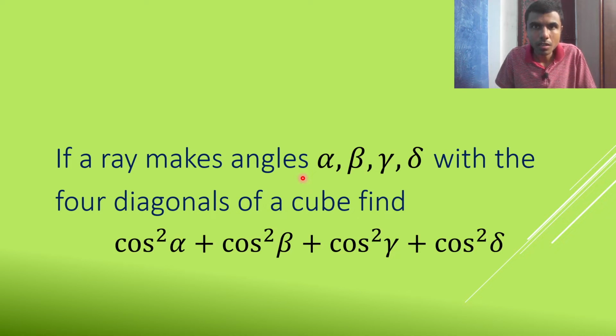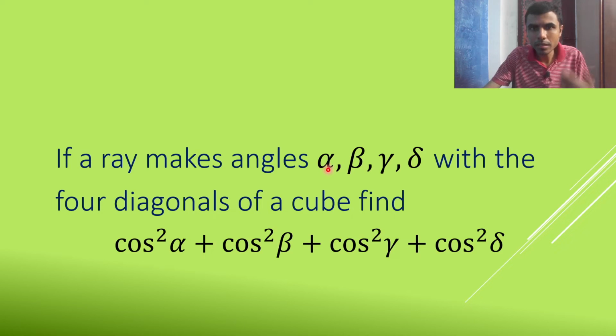Now in DCs and DRs topic, we need some information about the ray. For the 4 diagonals, information is available. I know the 4 diagonals, but about the ray I do not know anything.